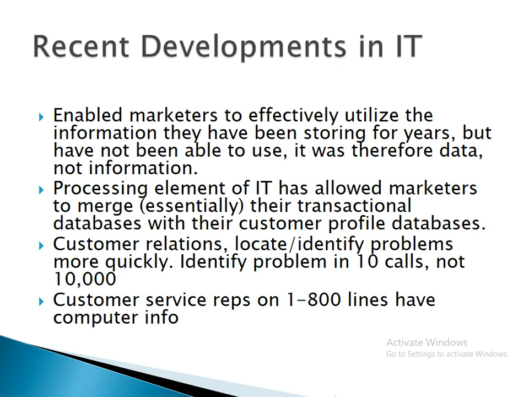Customer relations can locate and identify problems more quickly, identifying problems in 10 calls and not in 10,000 calls. Then we have customer services like helplines starting with 1800 and all that. Then customer service as a major IT expense, lower inventory cost, renegotiating with the suppliers, and so on.